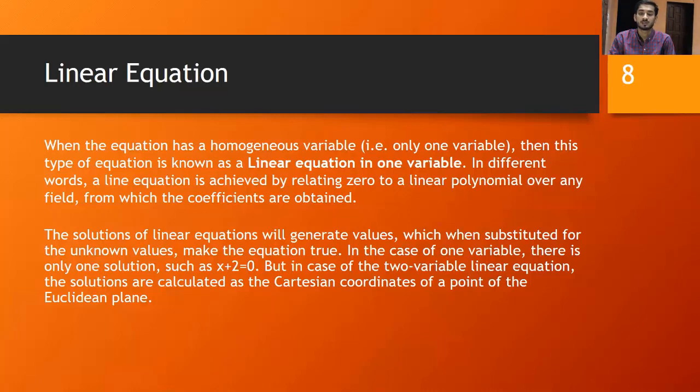In the case of one variable, there is only one solution, such as x plus 2 equal to 0. But in case of the two variable linear equation, the solutions are calculated as the Cartesian coordinates of points of the Euclidean plane.